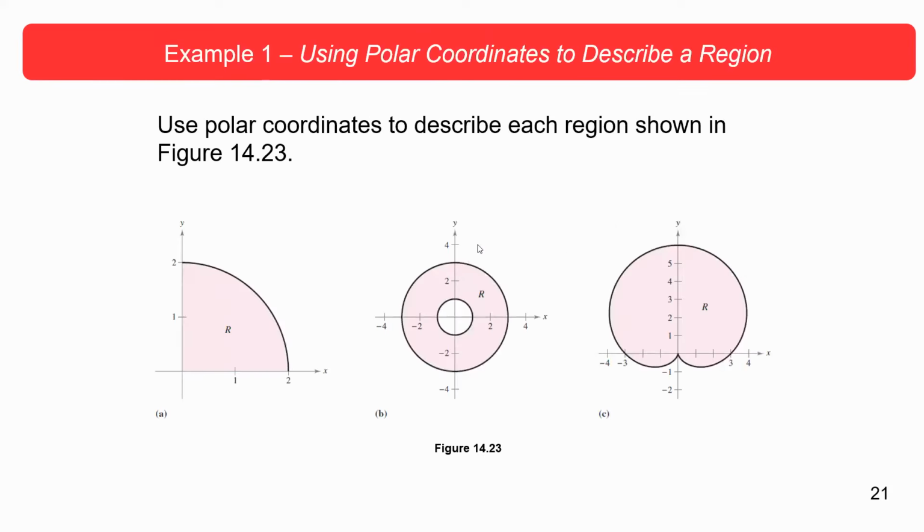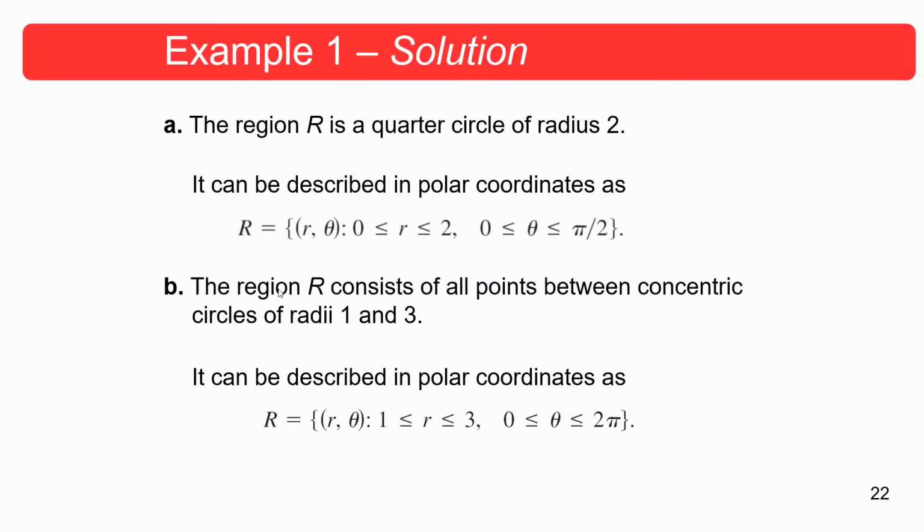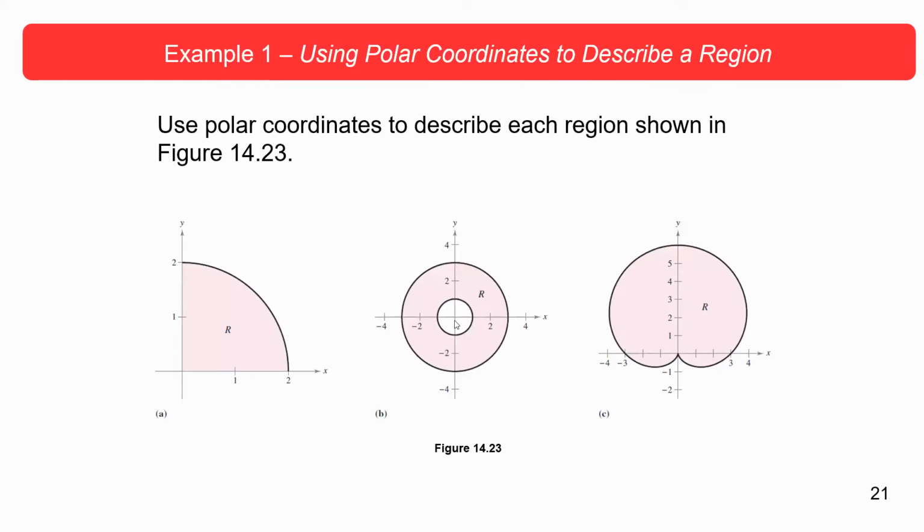In this case, there are two circles. So the region R consists of all points between the concentric circles of radii 1 and 3. You can see here the small circle has radius of 1, and the big circle has radius of 3. But you're being asked for the region of the shaded portion.